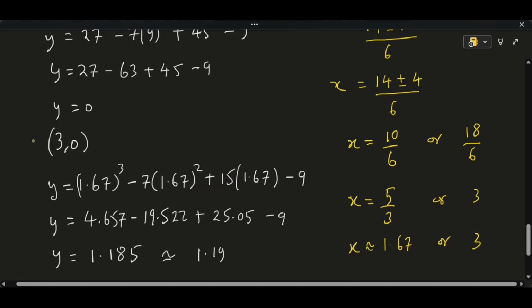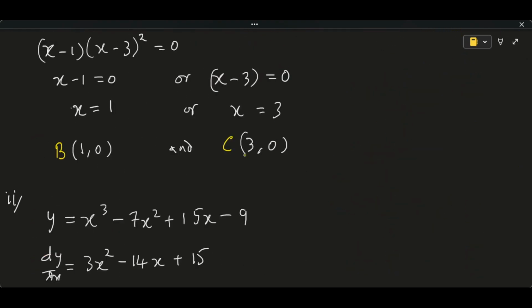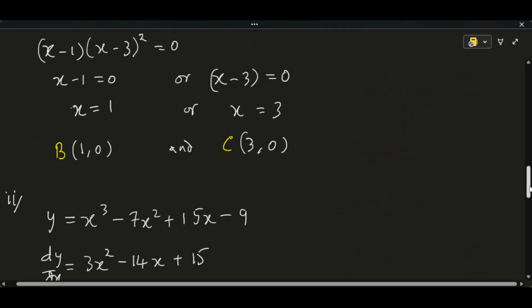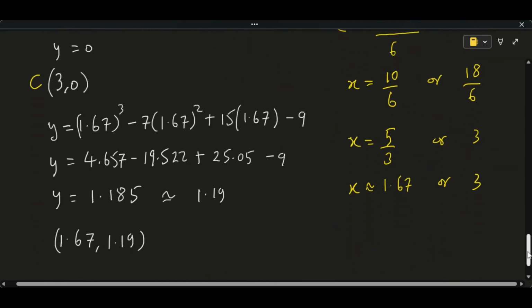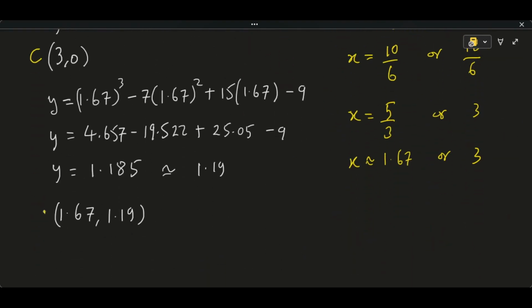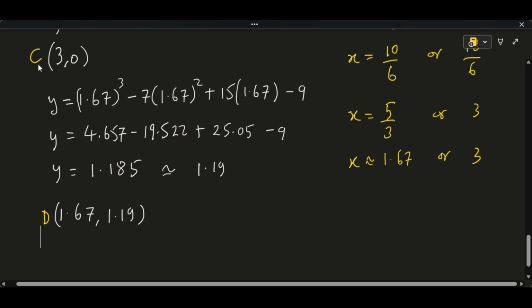Now let's consider this turning point as C also, because it is the same point which cuts the x-axis, and let's consider this point as point D. So at the points C and D where the turning occurs, which one is the maximum turning point and which one is the minimum turning point?